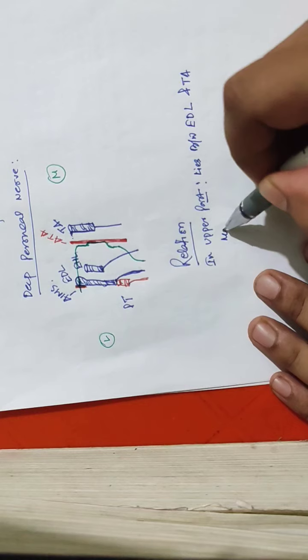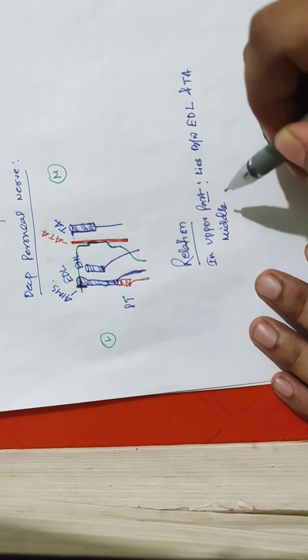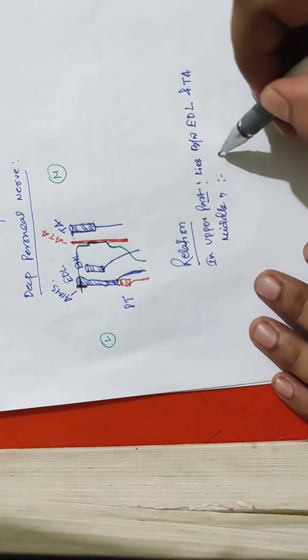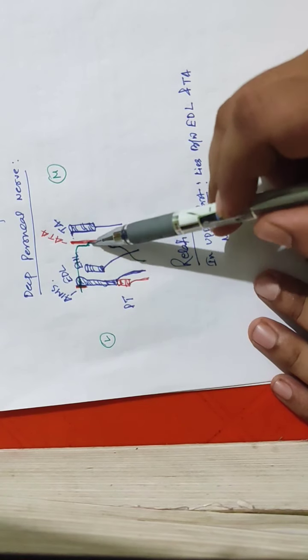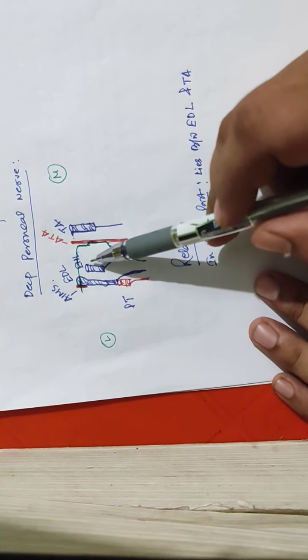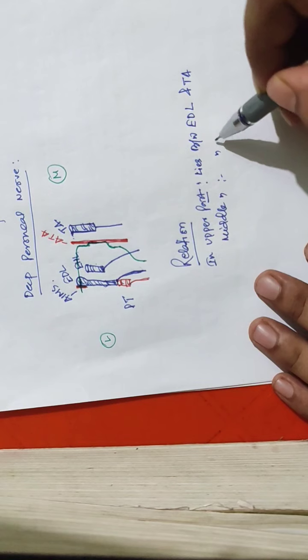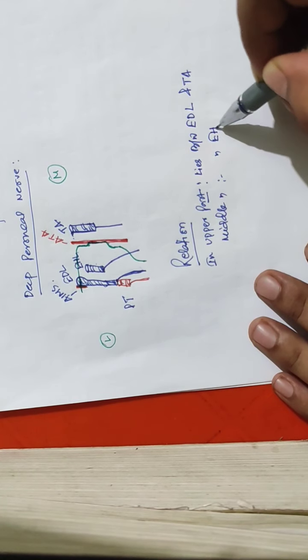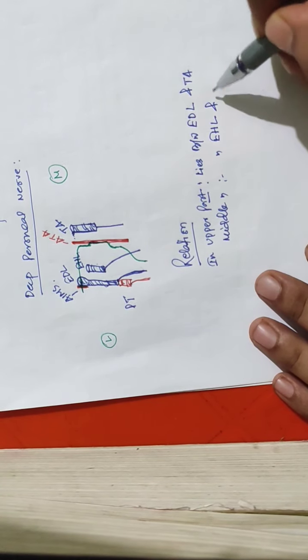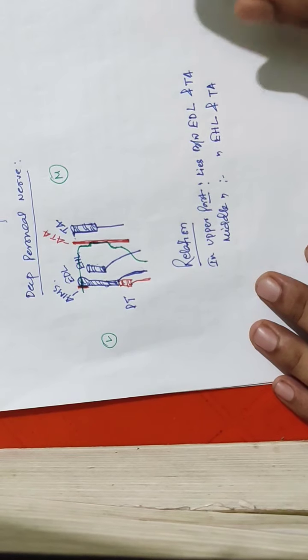And in the middle part, it lies between the extensor hallucis longus and the tibialis anterior muscle.